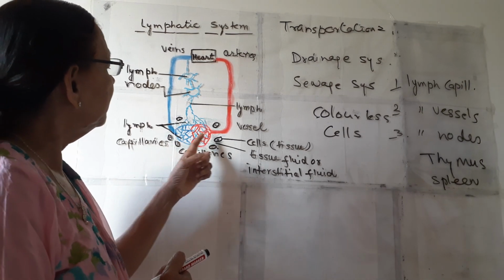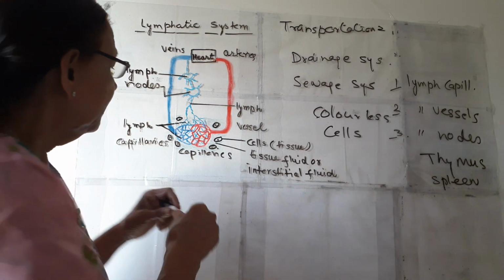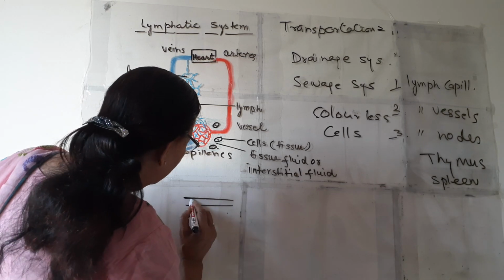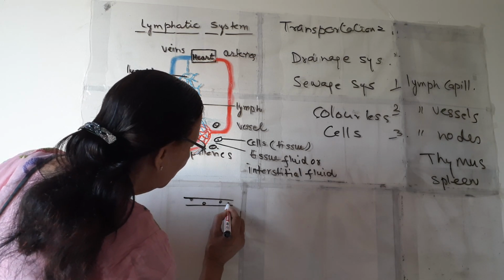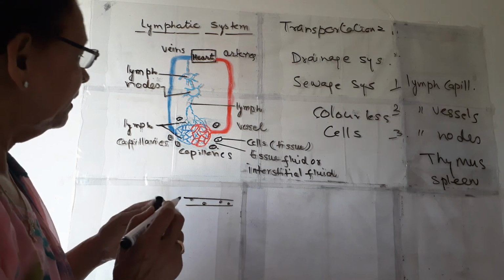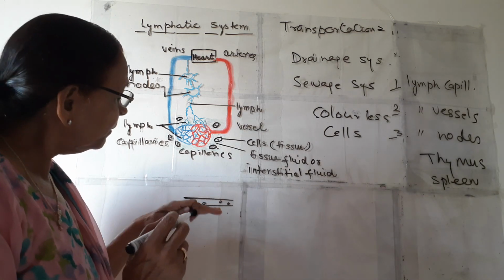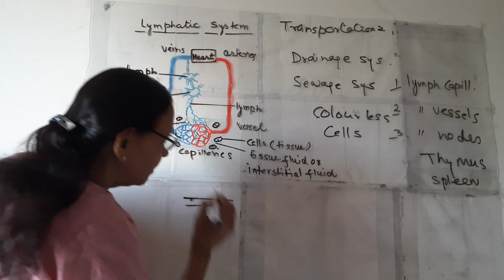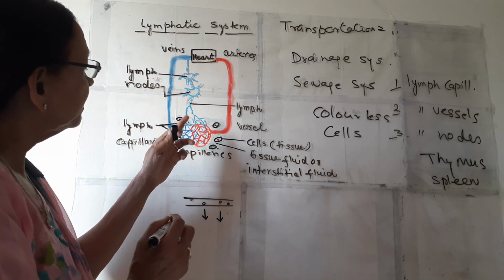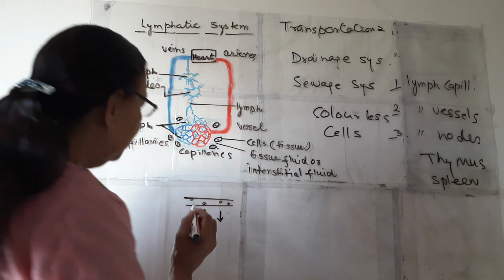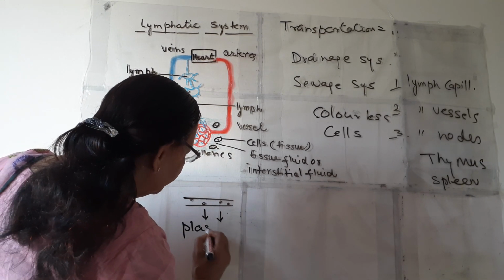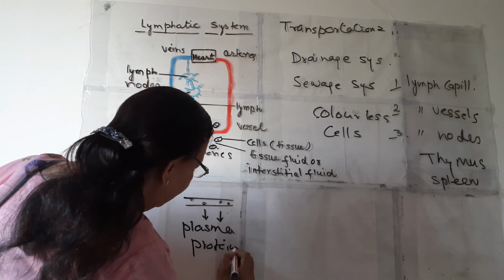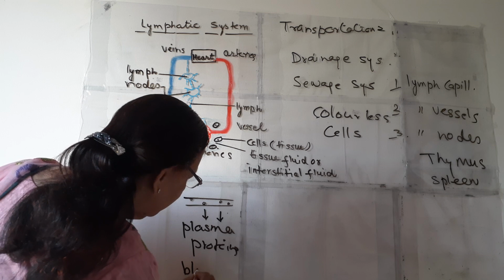What happens in these blood capillaries? There are small holes. These are the blood capillaries. Small holes are present in blood capillaries, and from these holes some of the fluid leaks, and this fluid which leaks out has plasma, some proteins, and some blood cells.